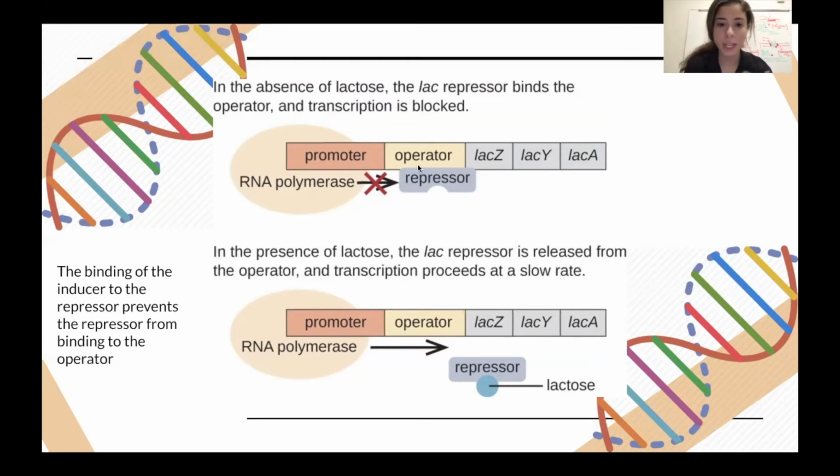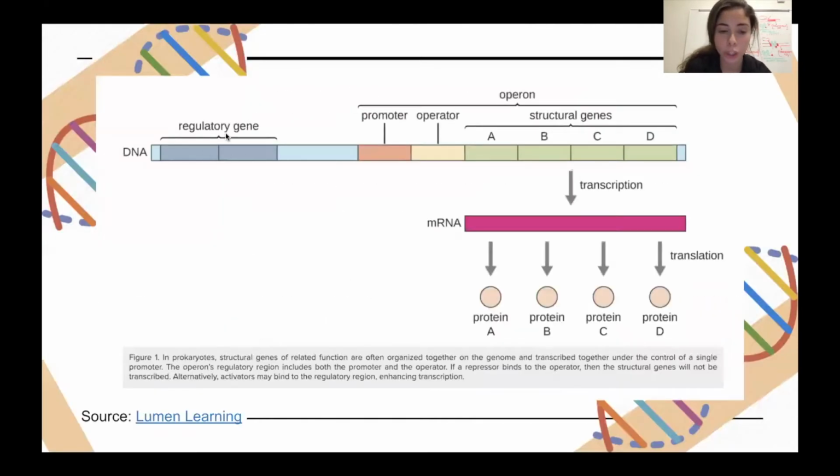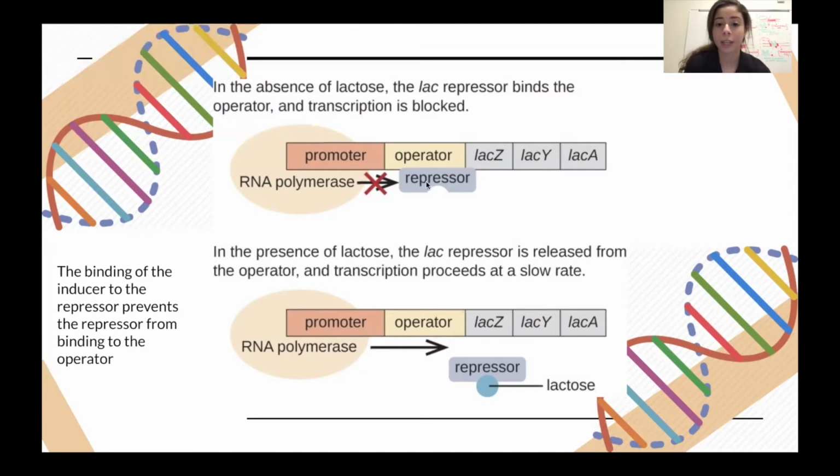In this figure, we see a repressor, something that we talked about before, something that the regulatory gene encodes and produces, and that repressor can go and bind to the operator here. When the repressor binds to the operator, that blocks RNA polymerase from transcribing the genes.